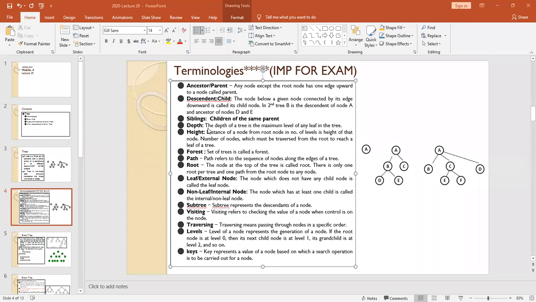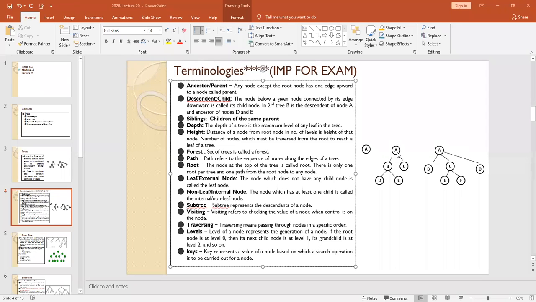Okay, so now you come to depth. The next concept is depth. The depth of a tree is the maximum level of any leaf in the tree. For example, here we have the first tree, second tree, third tree. Here there is no depth because there is only one node. Come to the second diagram. What is the depth?